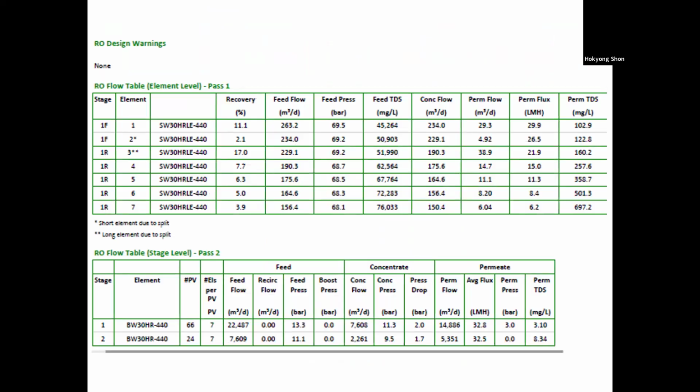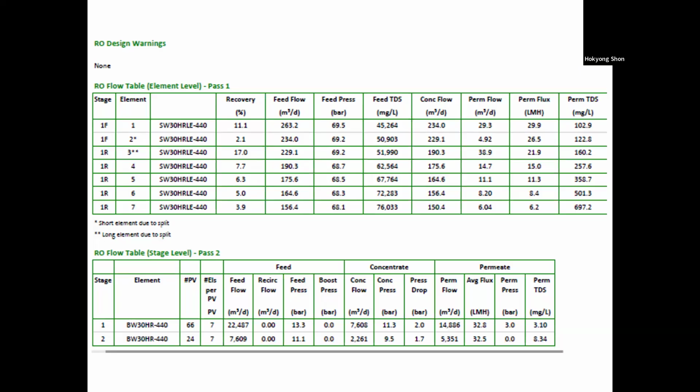So your assignment has to show that your RO design is okay. So I utilize this one, and with this condition, your design is fine. But sometimes you put in too much recovery rate, too much feed flow, too much permeate flow, too much concentrate flow.